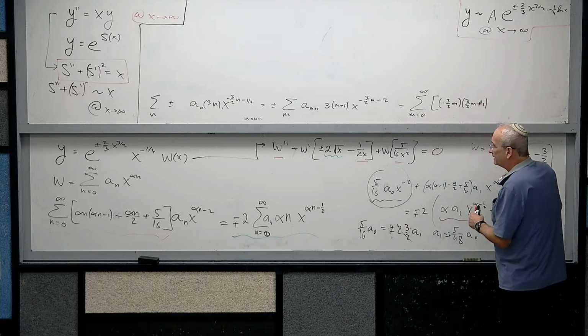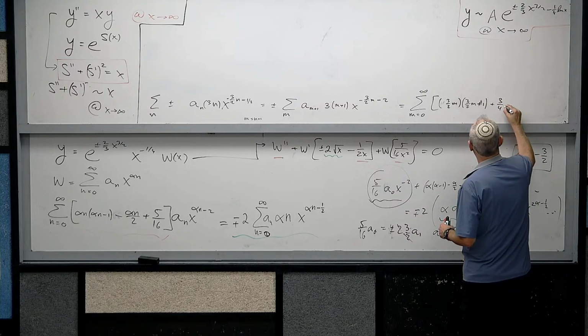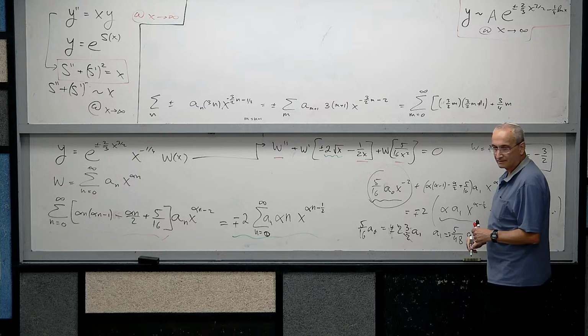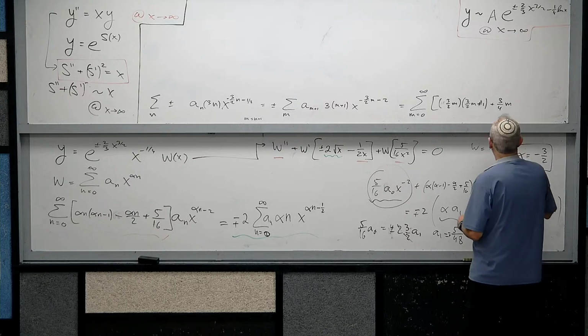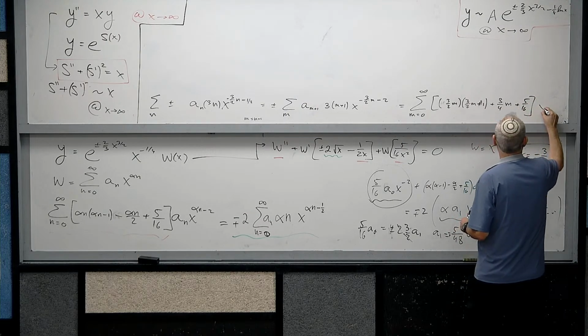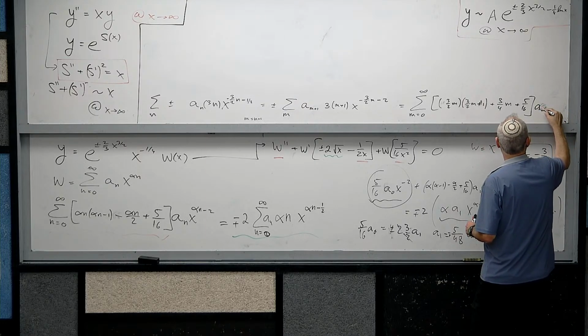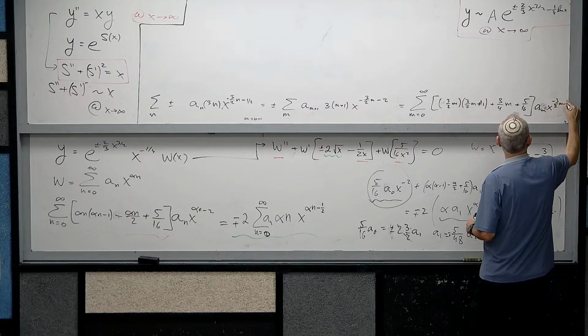And now I have plus 3/4 m, plus 5/16, all this multiplied by x to the minus 3/2 m minus 1/2, minus 2.